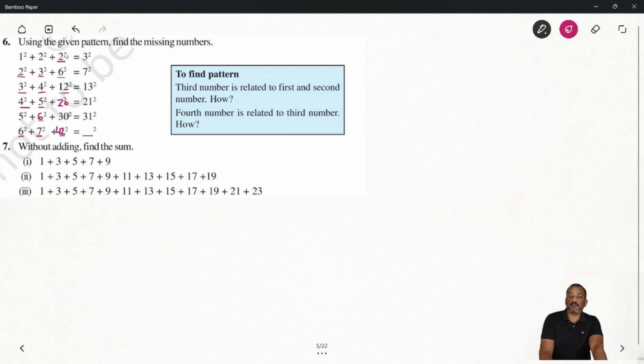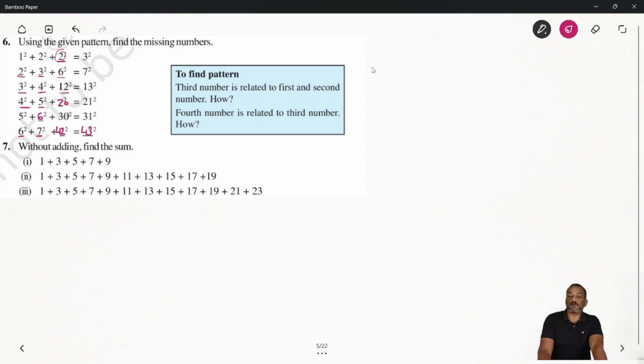So you can say the third number given is 2, so 2 plus 1 you will get 3. 6 plus 1, you will get 7. 12 plus 1, you will get 13. And 20 plus 1, 21. Same way, 30 plus 1, 31. So here 42 plus 1, so 43.